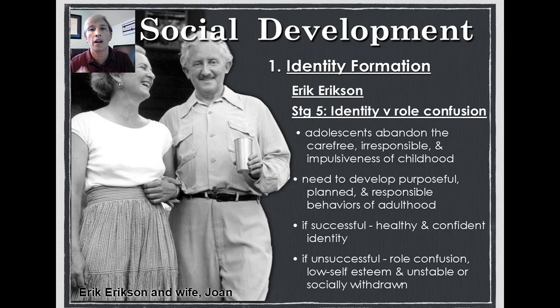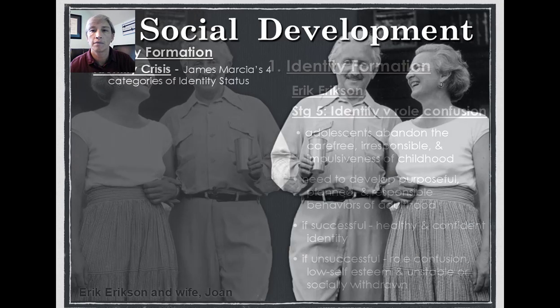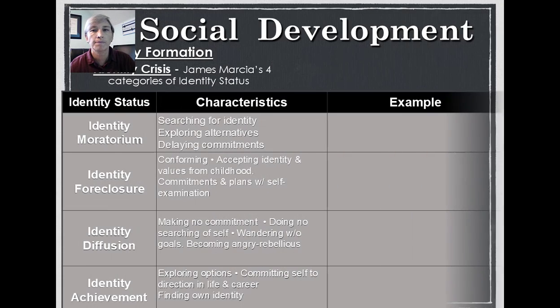And the crisis for adolescence is learning to form who we are. Who are we going to be? And if we work out our identity successfully, then we're going to be healthy, confident. And if not, then it may be role confusion, low self-esteem, unstable, or socially withdrawn. So this happens in adolescence. Like I said, I see it a lot.